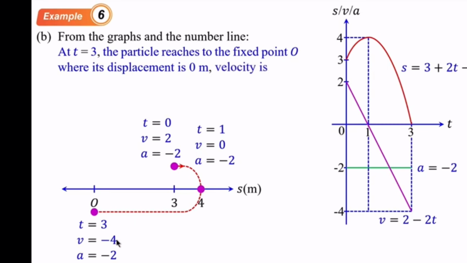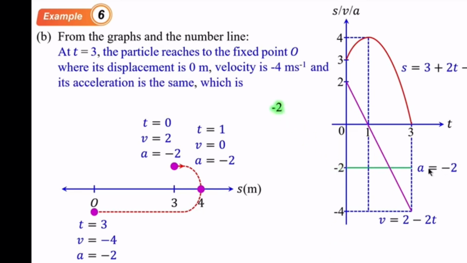The velocity is -4 meters per second, it shows that the particle is actually moving to the left, right? It changed the direction, and when v is less than 0, it means the particle is heading to the left, and its acceleration is still unchanged, which is -2, right?